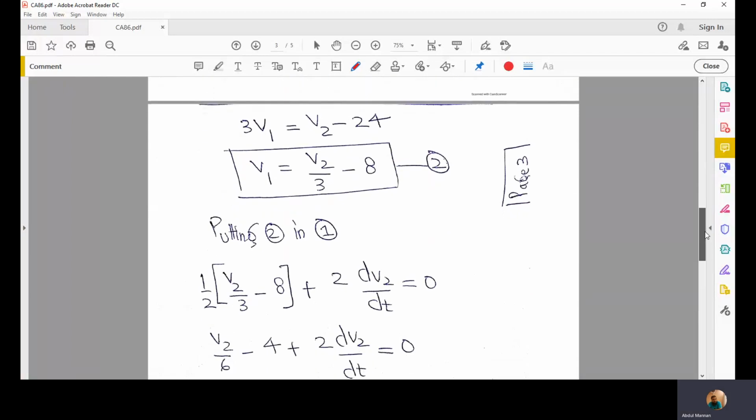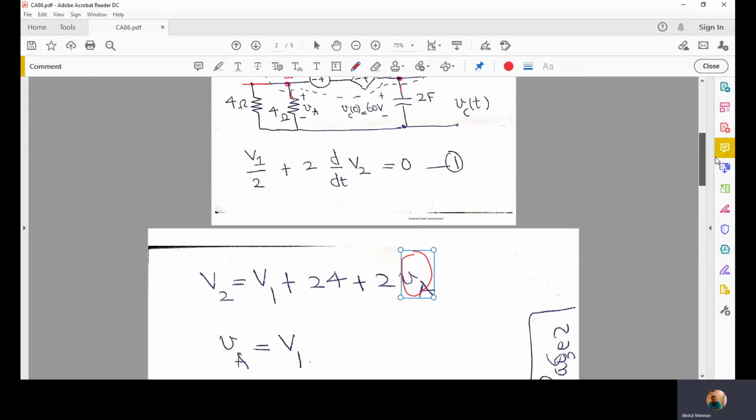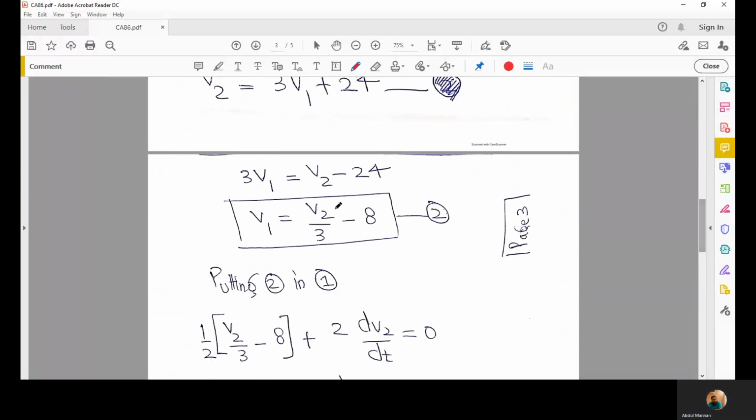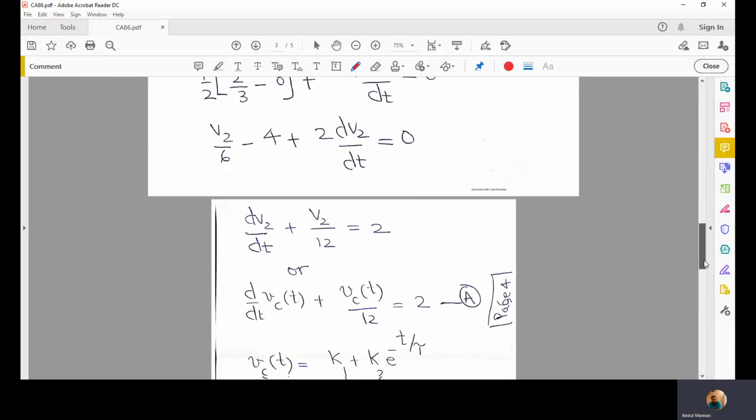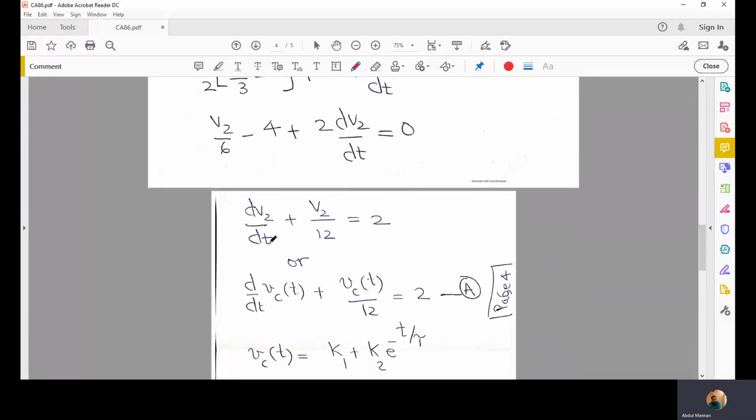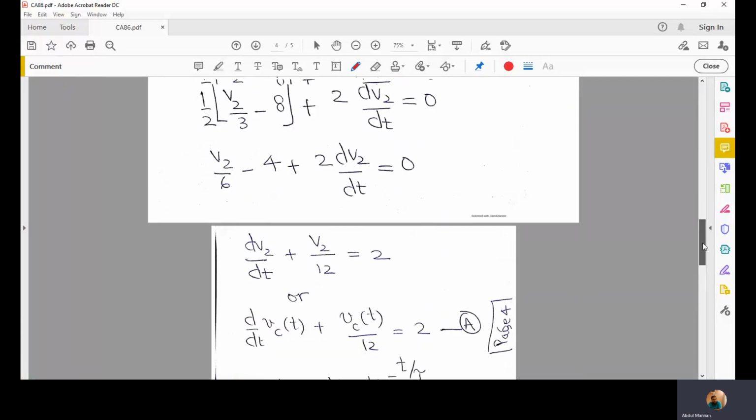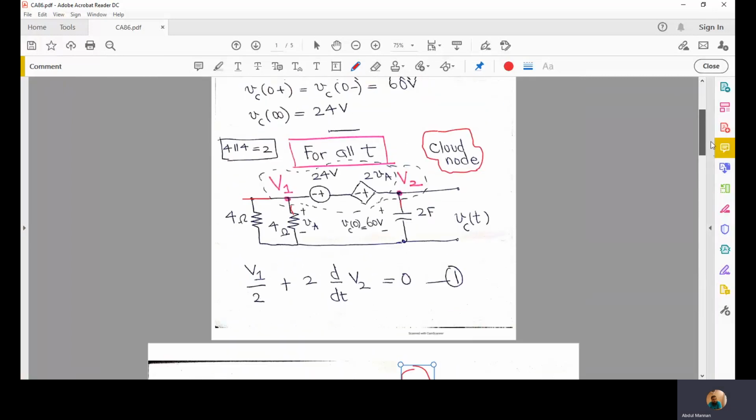Then we can put equation number 2 in equation number 1. What is equation number 1? It is the first differential equation. Instead of V1, we put V2 by 3 minus 8. Putting this gives us another differential equation in terms of V2. It is quite advantageous to have this equation in terms of V2, because V2 is the same as VC, and this is our desired quantity.